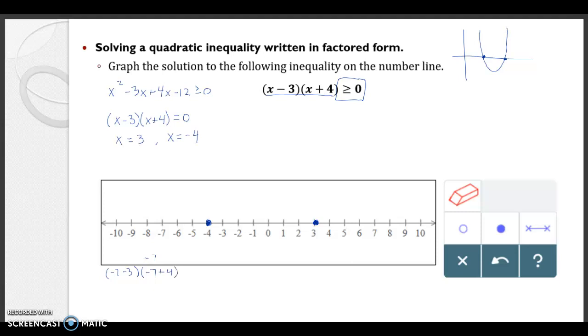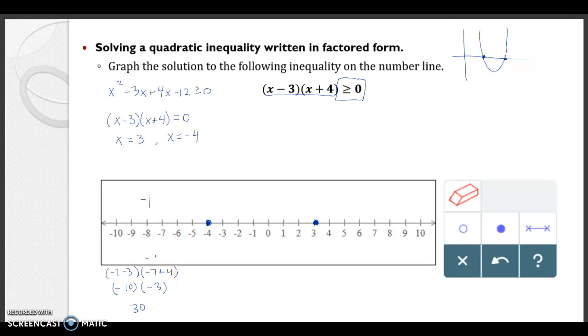Now this factor, negative 7 minus 3, is negative 10. And then negative 7 plus 4 is negative 3. So I'm going to end up getting a positive 30.